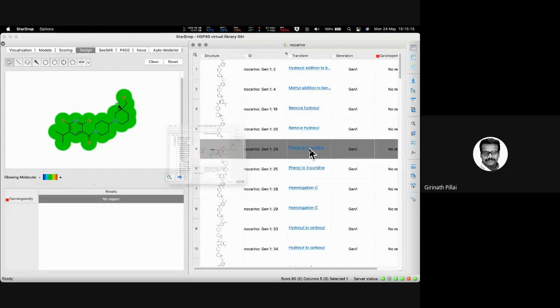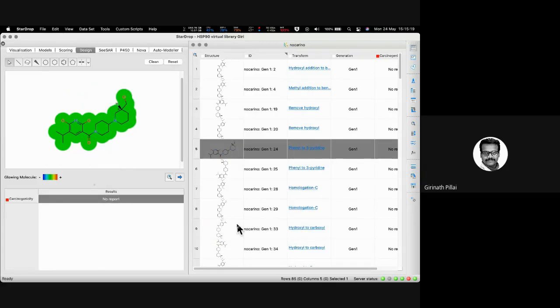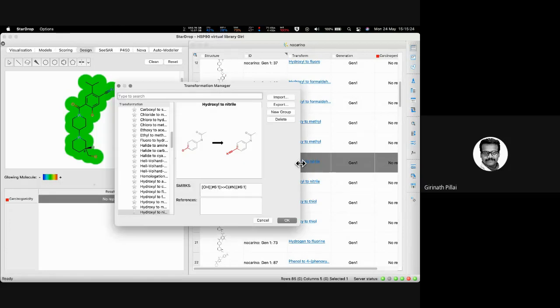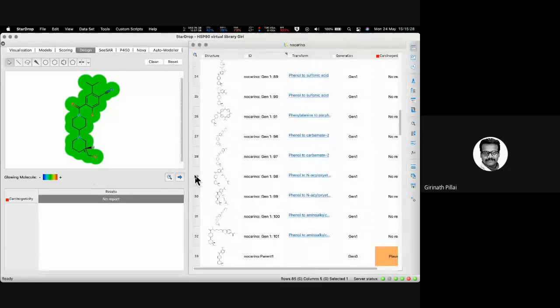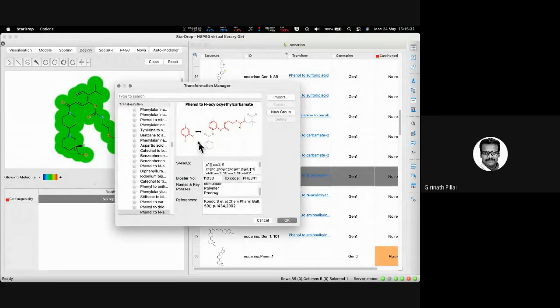And then phenyl to 3-pyridine also reduces carcinogenicity. So this will give you an idea about how the replacements are going to help you improve the toxicity data. And here, phenol to N-acyclo ethyl carbamate. Yeah, so ethyl carbamate.